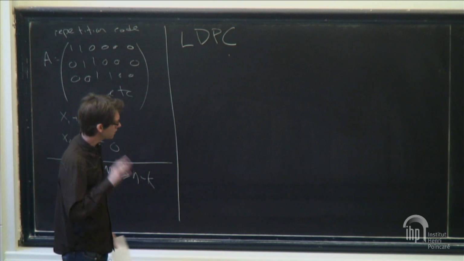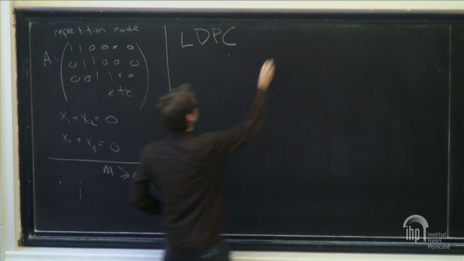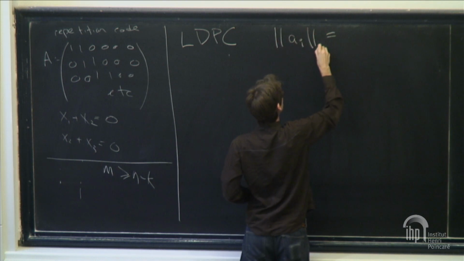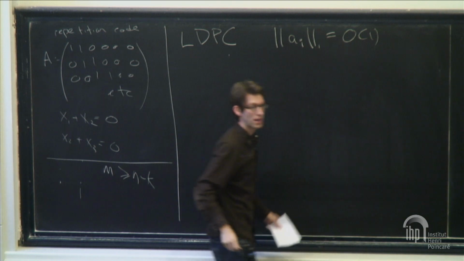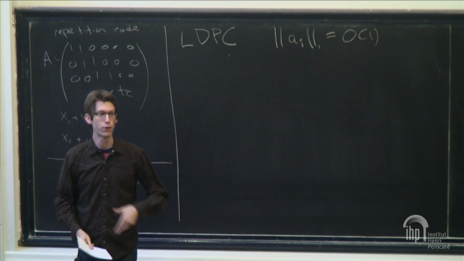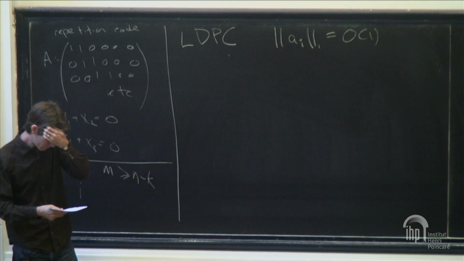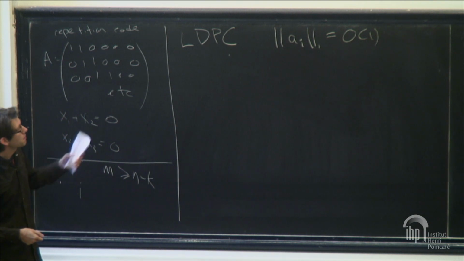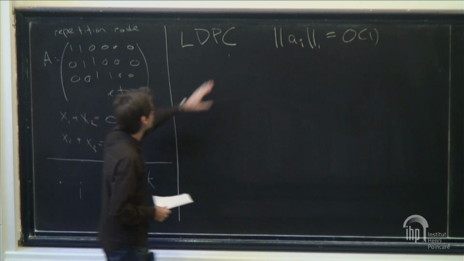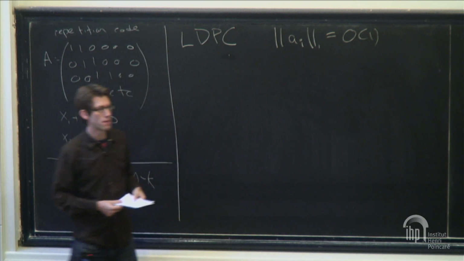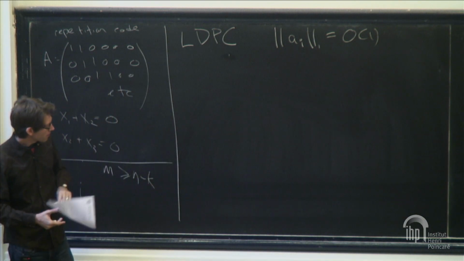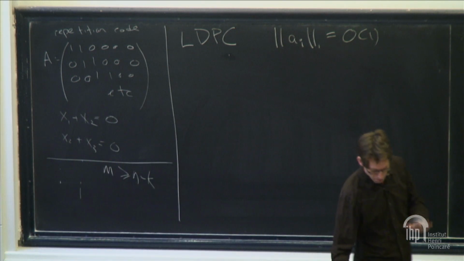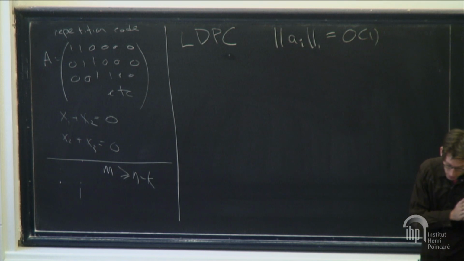It doesn't even matter what it stands for, but it has the property that each a_i has constant weight. This is a further desirable property of codes, which often helps in practice.